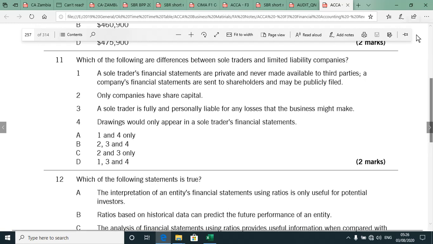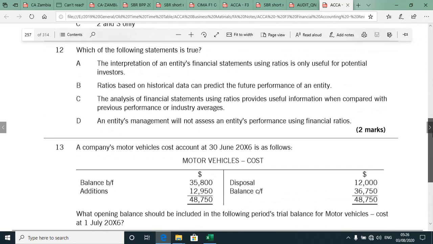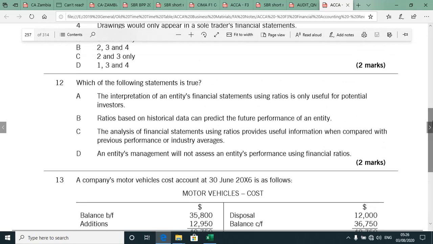12 says, which of the following statements is true? It says the interpretation of an entity's financial statements using ratios is only useful for potential investors. Not only investors, but I think also managers. Ratios based on historical data can predict the future performance of an entity. Many times history does not predict current conditions.